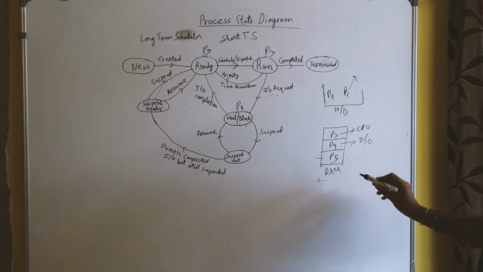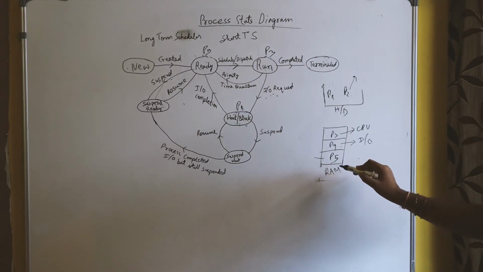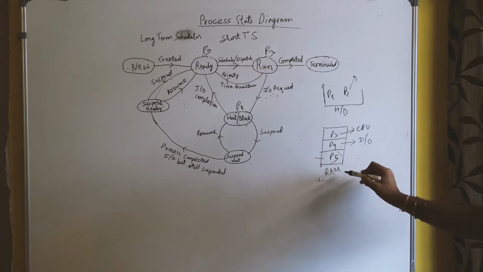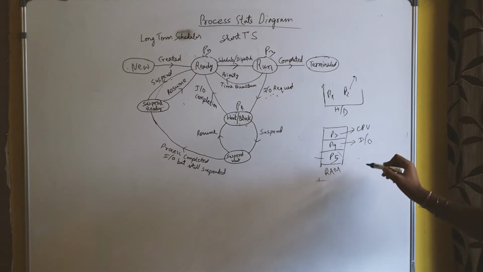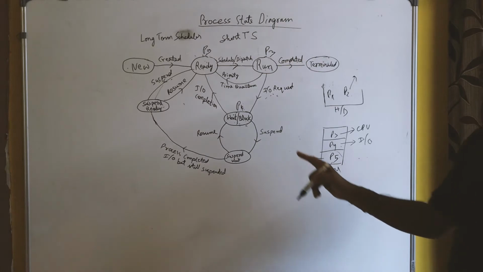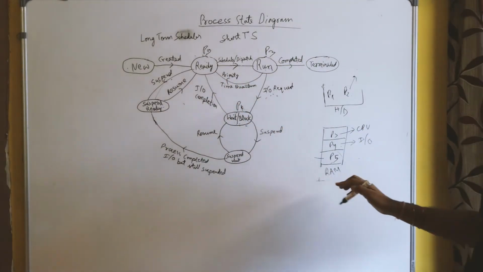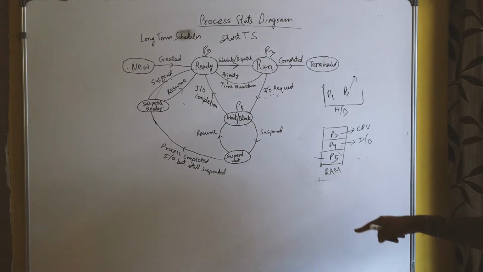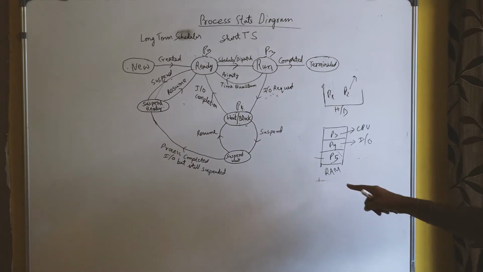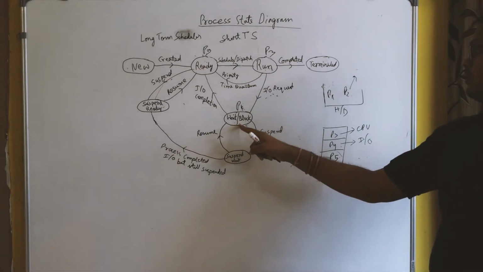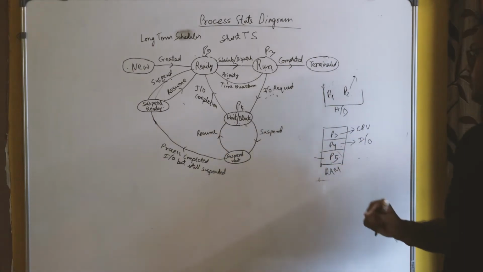Now, in order to create a space for P2, since the RAM is already full, rather than moving a process which is in the ready state to suspend ready, it means rather than moving process P5 from ready state to suspend ready, it's better to move a process which is in a block state to the hard disk.